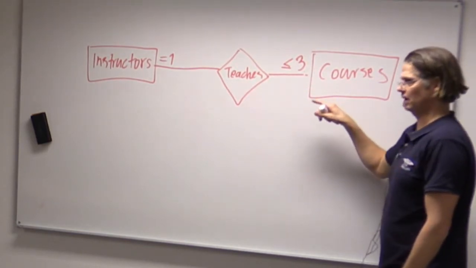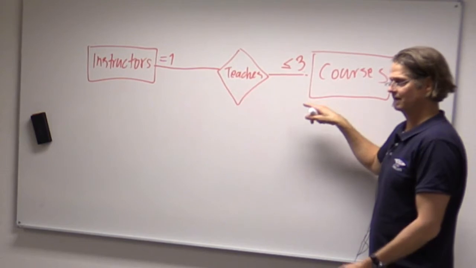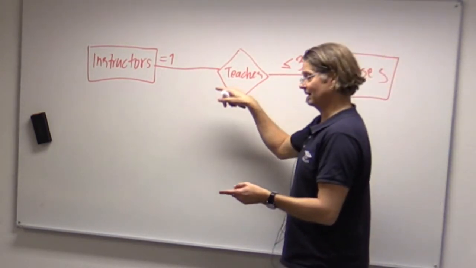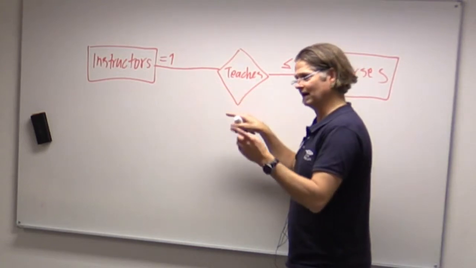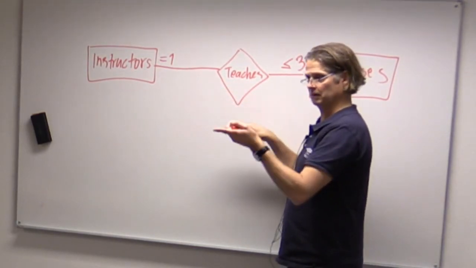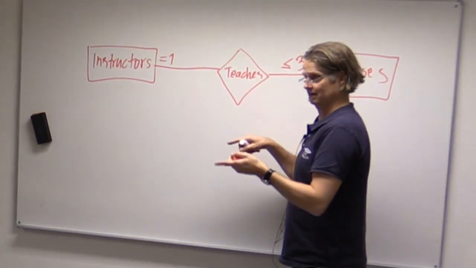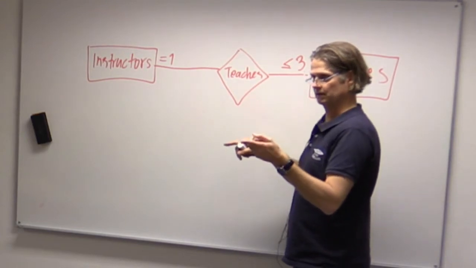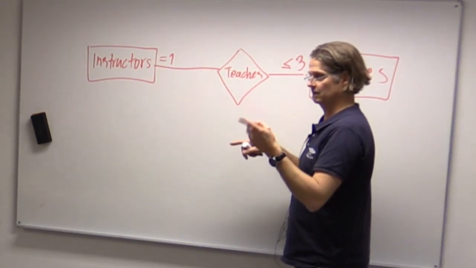But if you have other conditions here that cannot be modeled using these types of symbols, then you have to add those constraints in the documentation. And that sometimes happens. So additional constraints go into the documentation that you are creating.